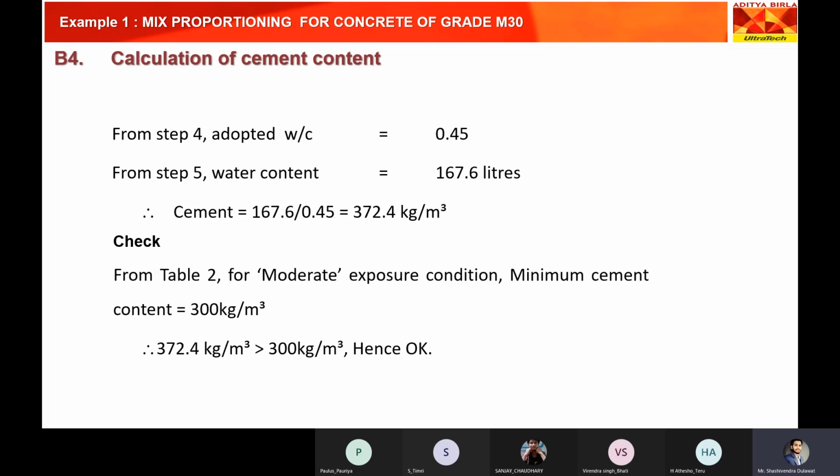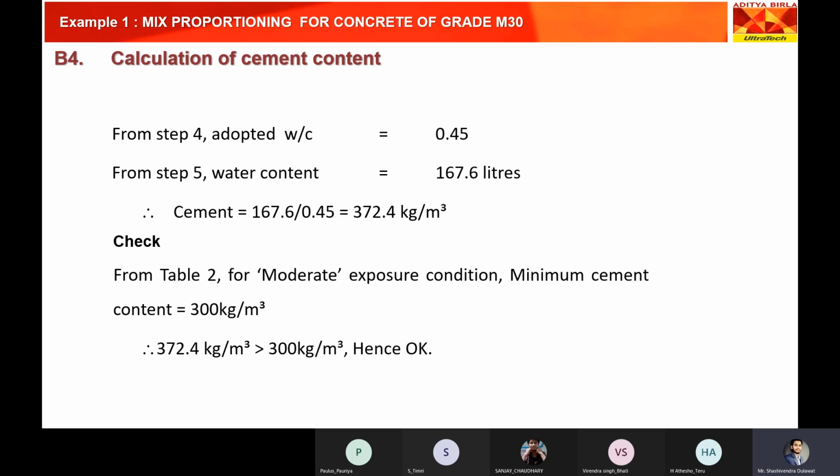Similarly, the calculation of cement content. From table 4, the adopted water cement ratio value is 0.45, and the water content value we already determined is 167.6 liter. So cement is equal to 167.6 upon 0.45. Then the value is 372.4 kg per meter cube.